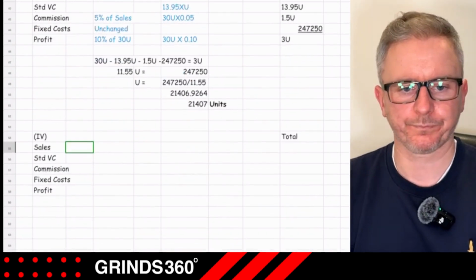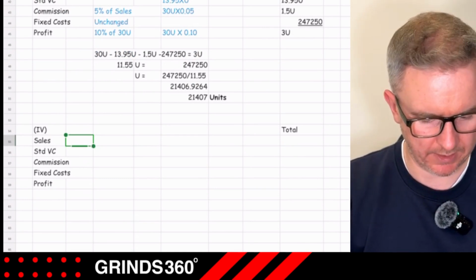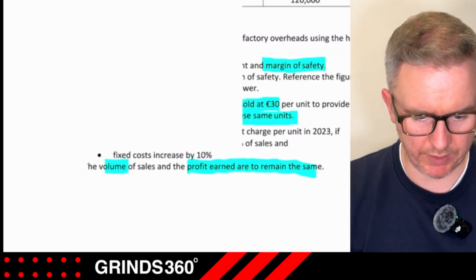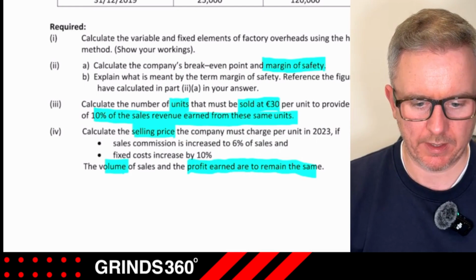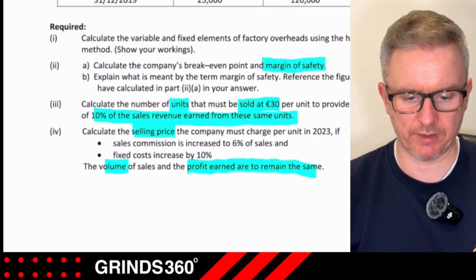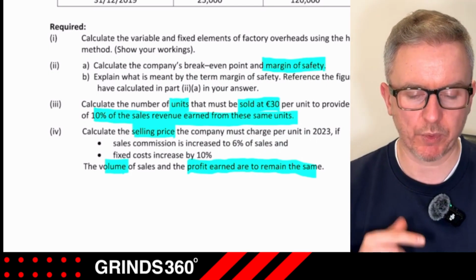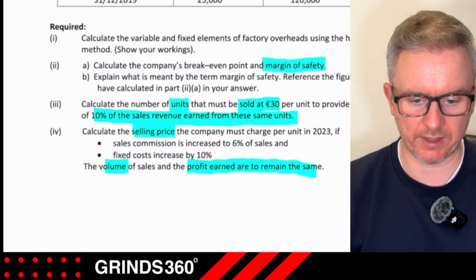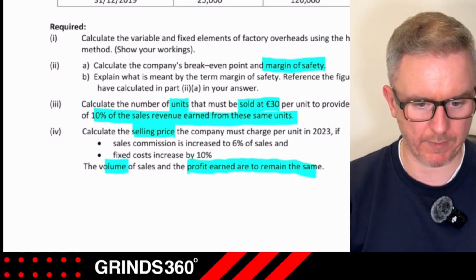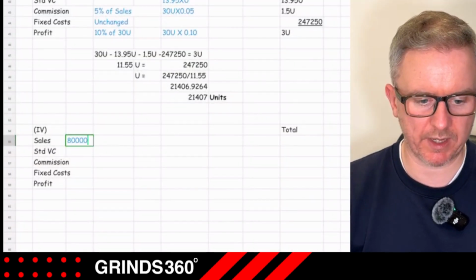So in part 4, what are they asking us? They're asking us to calculate the selling price that must be charged in 2023 if our sales commission increased to 6%, the fixed cost increased, but the volume of sales and the profit earned are to remain the same. So they are telling us that we are using the same 80,000 units.